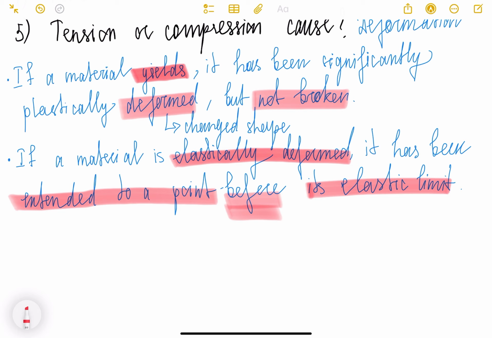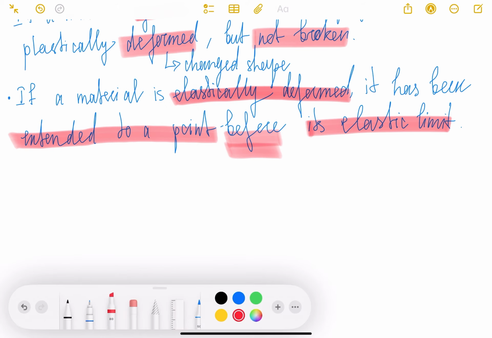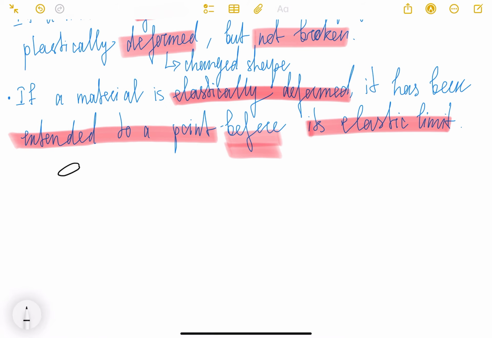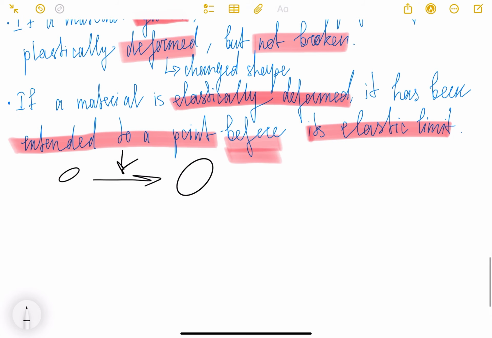Okay, so this is a rubber band. Then you change it like this, it is extended to a point, and this is also elastically deformed.